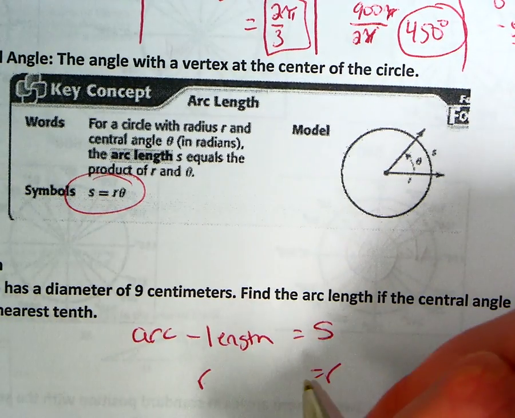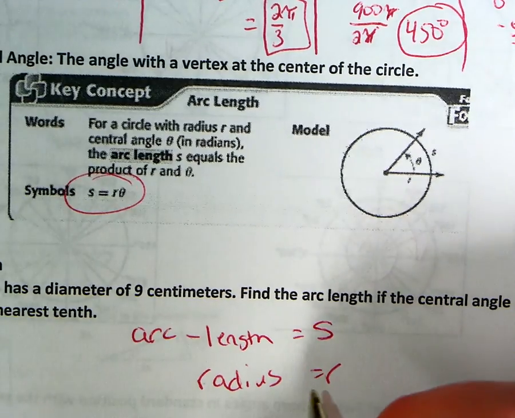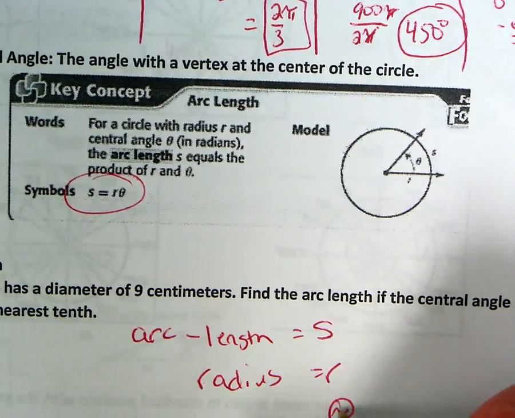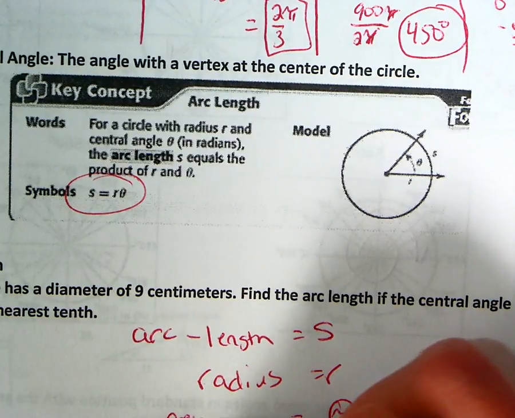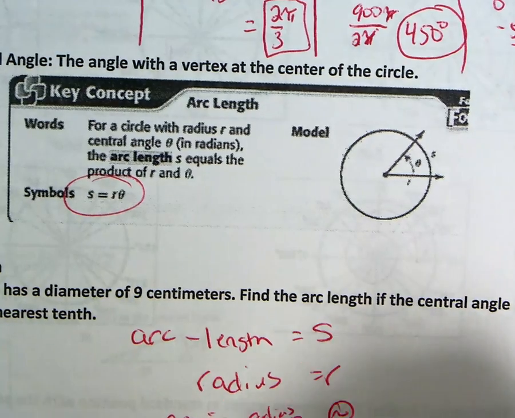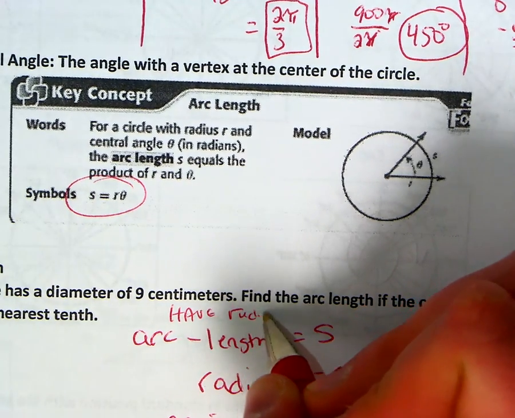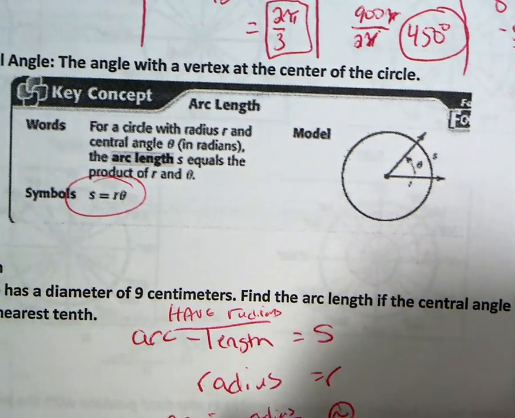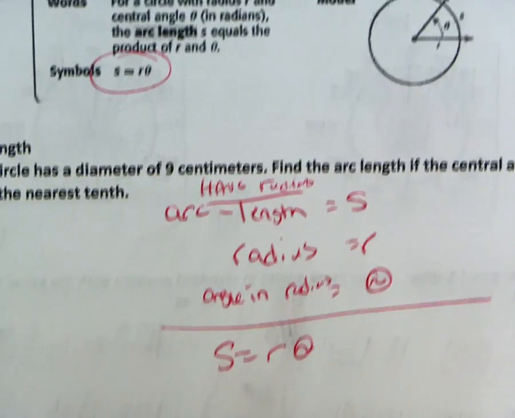R is the radius, and this theta is the angle in radians. So if you have radians, you're going to use S equals that.